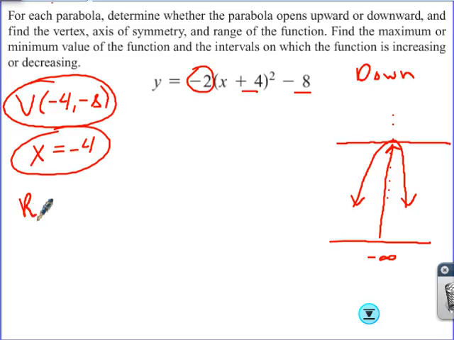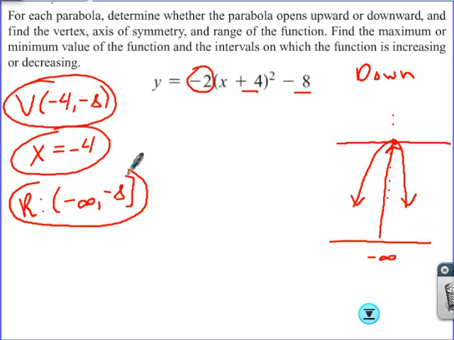So the range of this function is all the values from negative infinity up to, does anybody know how high this function goes? There's your hint. Is that not the vertex? What's going to be the maximum y value of this function? Negative 8. And it does include that because that vertex is on the function.